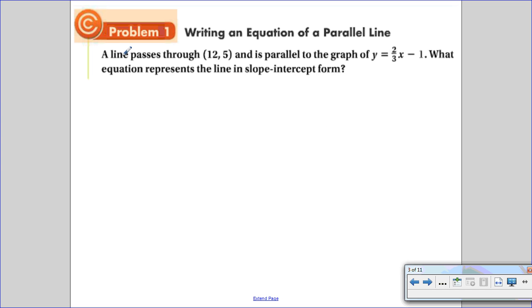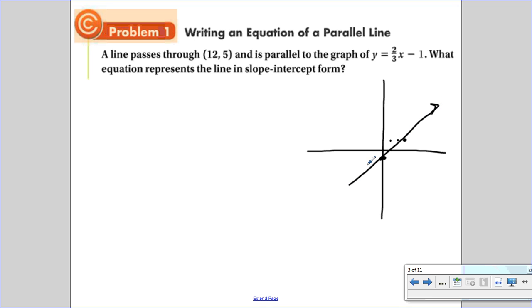So we have some line that passes through 12, 5, and it's parallel to the graph of this. So we have this graph, which has a y-intercept at -1, and our slope is up 2 over 3: 1, 2, 3. So right about there. So we have a line that looks like this.